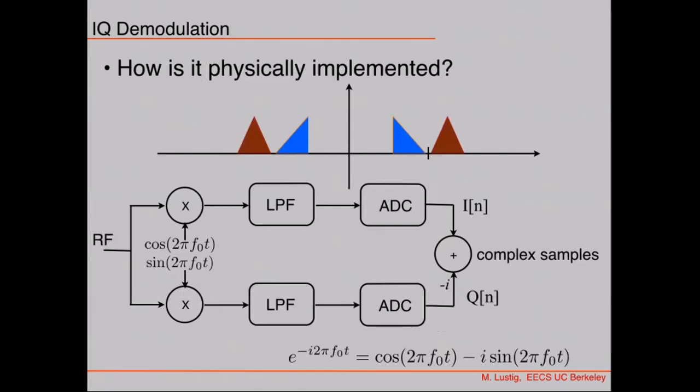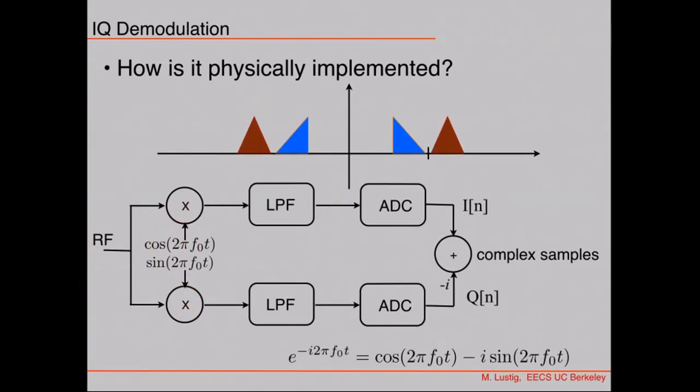I have a source that produces frequency, and I multiply that frequency on one branch by cosine, and on the other branch, I delay it by 90 degrees and then multiply effectively by a sine. So here I take the RF that comes in, and I multiply by cosine and by sine.